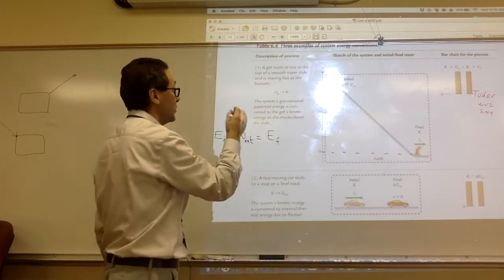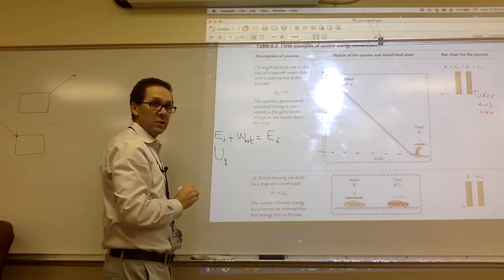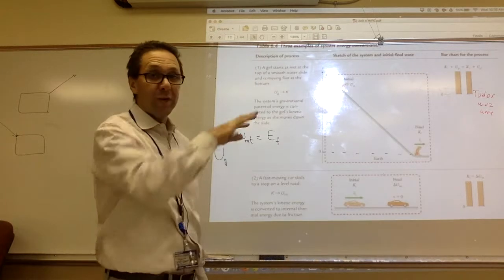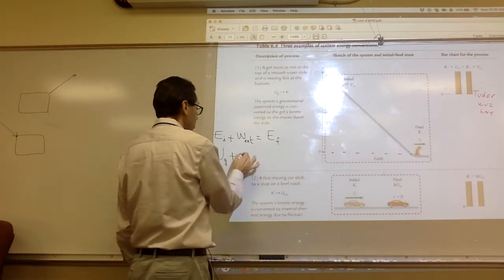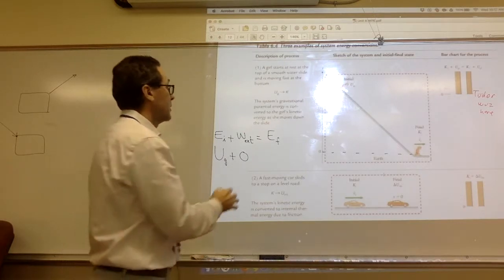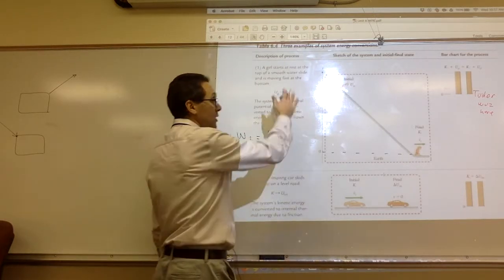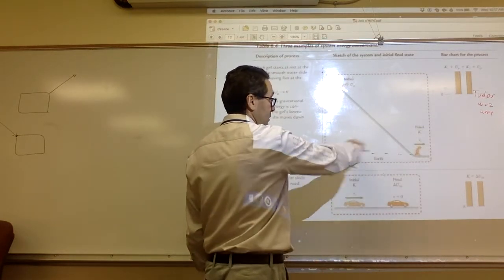So in here, what we're going to do is that we're going to say, well, the girl has gravitational potential energy. The Earth is part of the whole system, right? So basically, there is no work being done by the Earth, that's the planet Earth, equals the energy later. Well, later she's down to this level here, right?